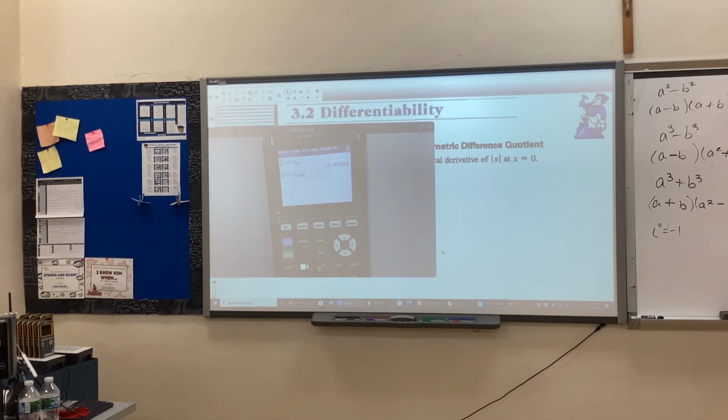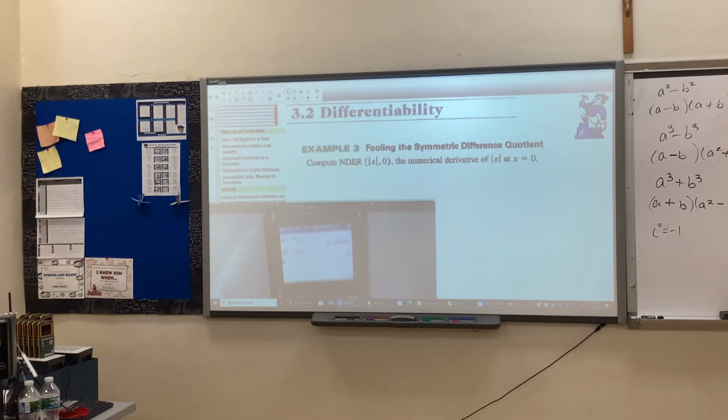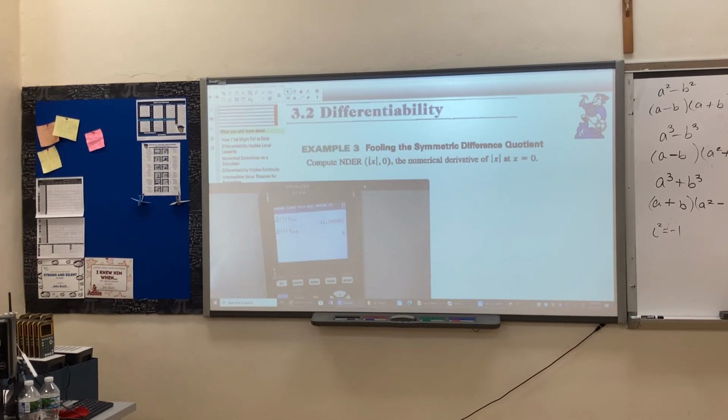There's no single derivative there. The calculator gives you 0, which is incorrect. Just so you know, the calculator can give you wrong answers. In fact, the absolute value of x is not differentiable at x equals 0.